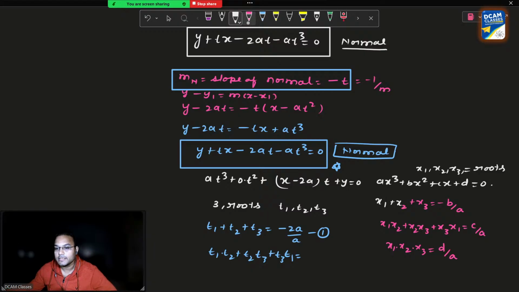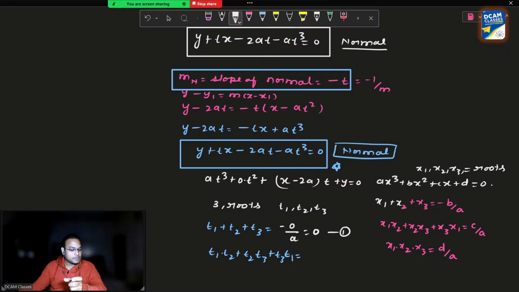I can write it like this. So actually the sum of the roots t1 plus t2 plus t3, it's not actually this one, it's 0. 0 by a is 0. This is the first equation.